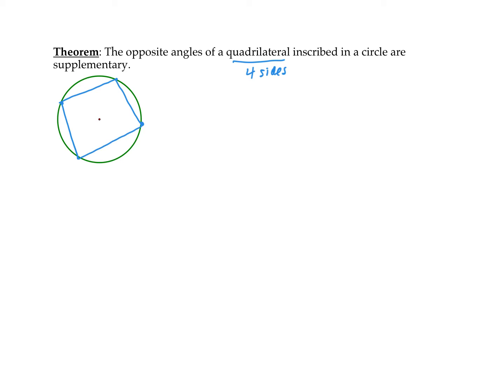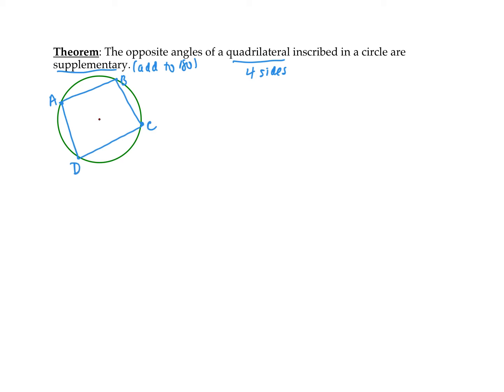Now it's looking kind of like a rectangle or a square, but we don't know that for sure. What we can say for sure is that these opposite angles are going to be supplementary, meaning they add to 180 degrees.